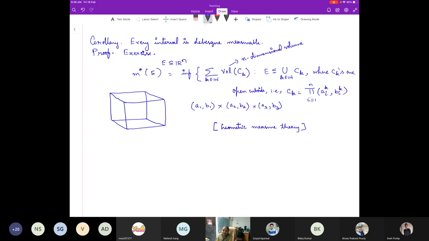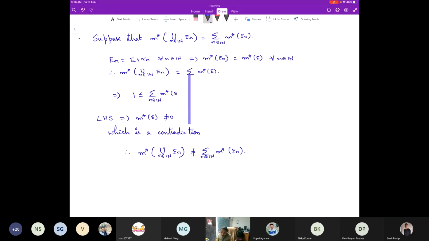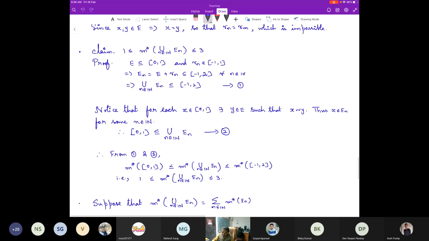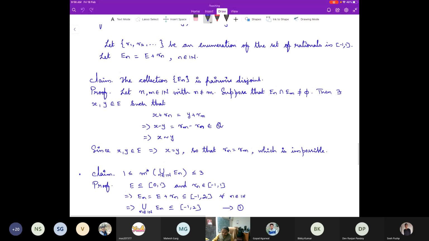Please give some examples of sets which are not Lebesgue measurable. I think you haven't understood this part. Where is it? This one.